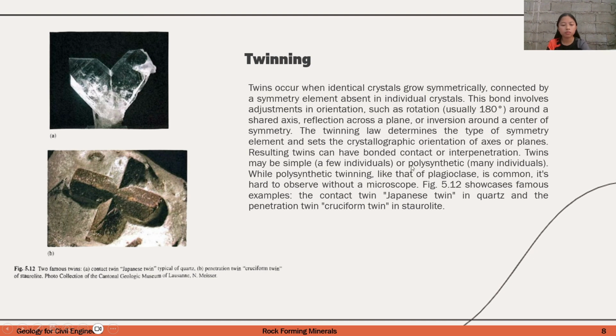And it also says here na ang twins can be simple, involving just two or a small number of crystals. Pwede ring multiple, ang tinatawag itong polysynthetic, dahil nag-i-involve siya ng malaking number of crystals. So that's the points you need to remember.